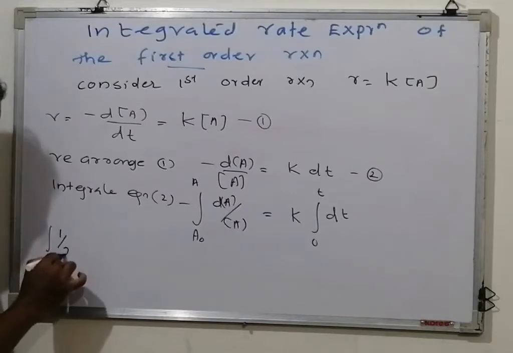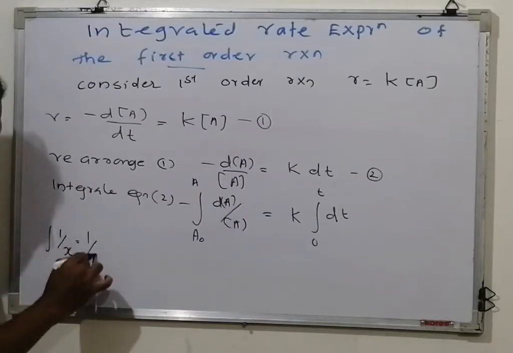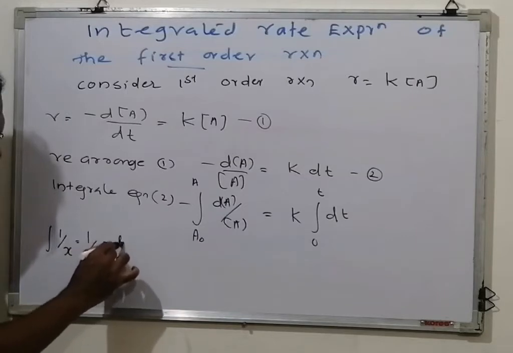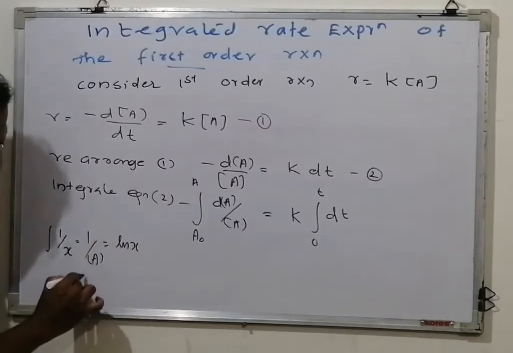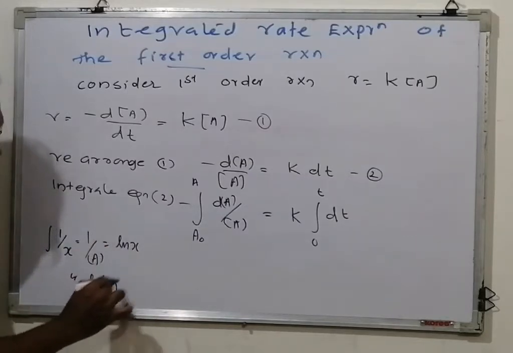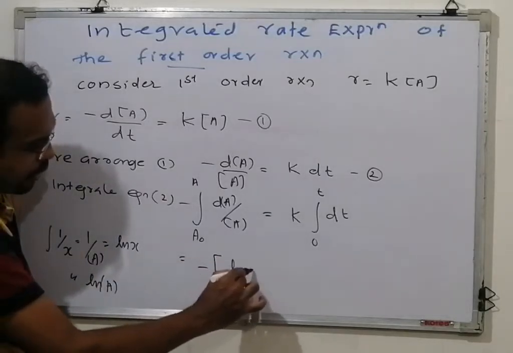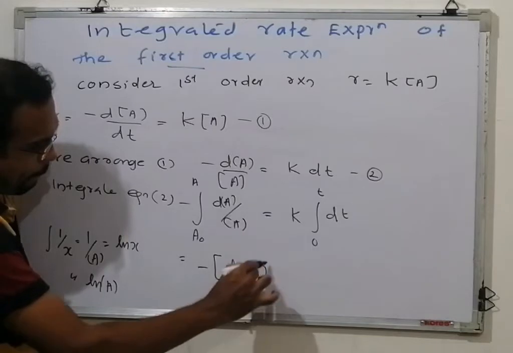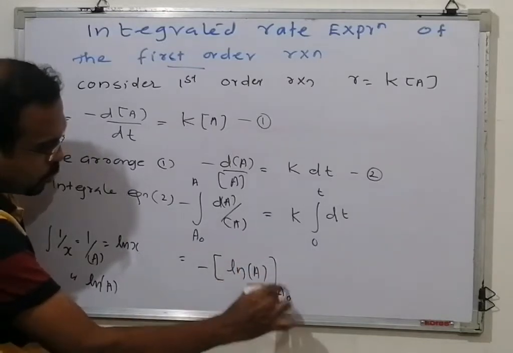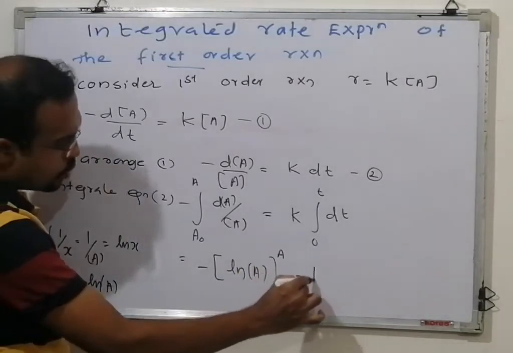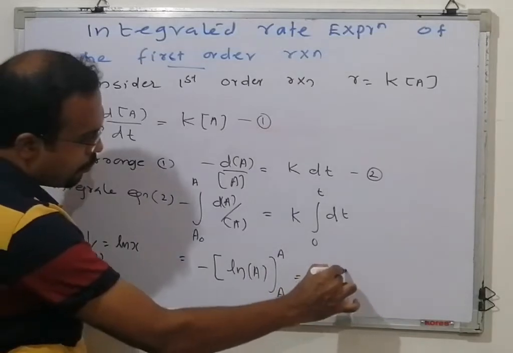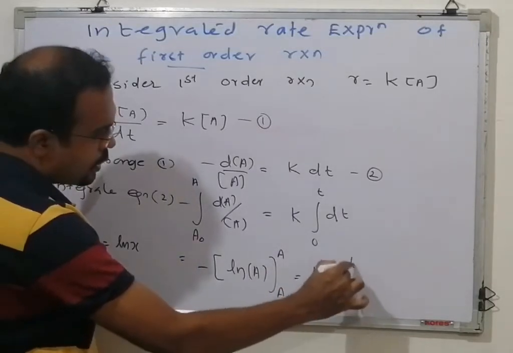Integration of 1 by x or 1 by a is equal to ln x or ln a. Therefore, we will get minus ln a from a0 to a is equal to k t from 0 to t.